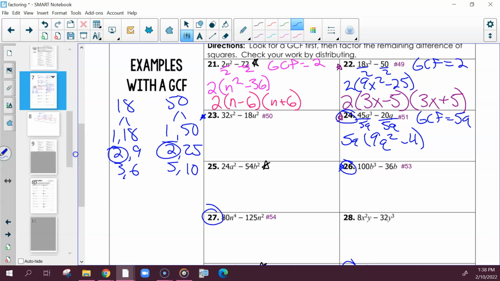Could we break that down again? Yes. Five q on the outside, 3q plus 2, and 3q minus 2.